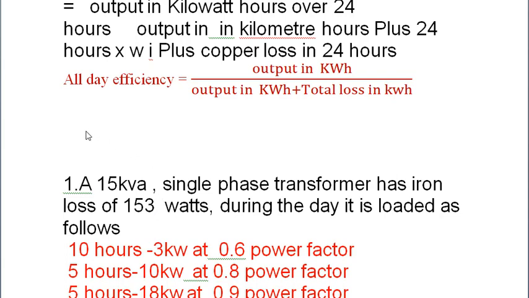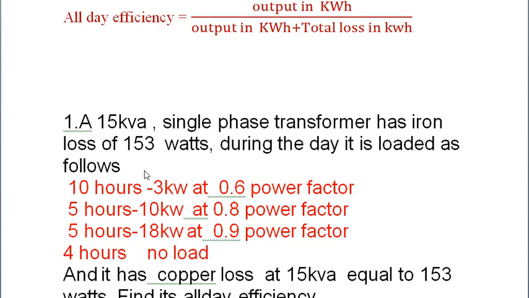I will explain this with the help of a simplified table by which any problem on all-day efficiency we can solve without error.